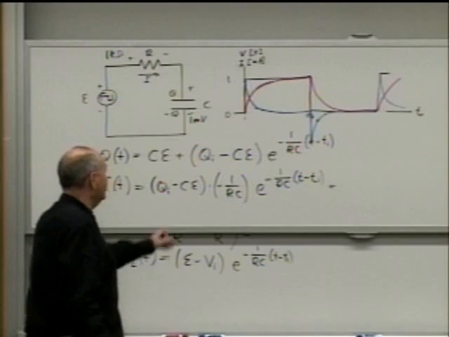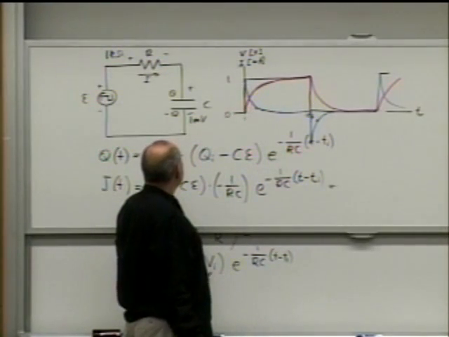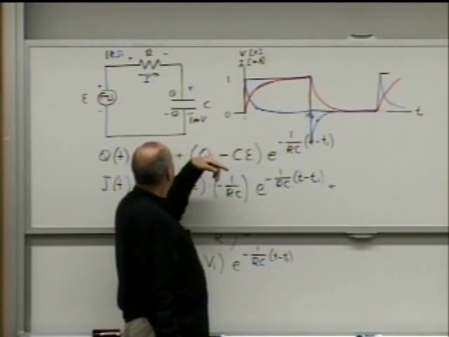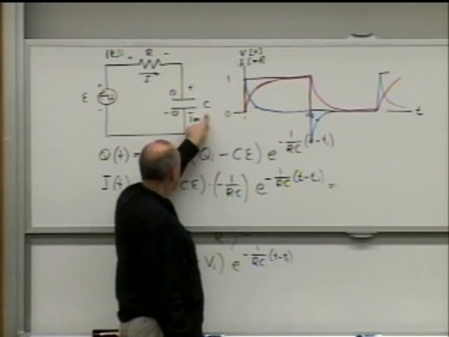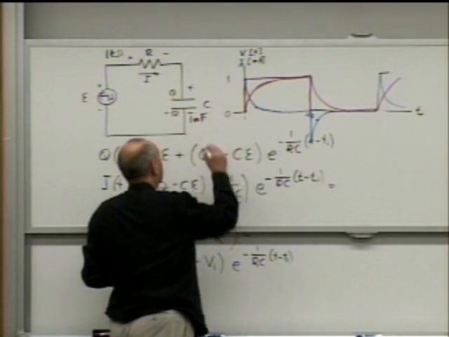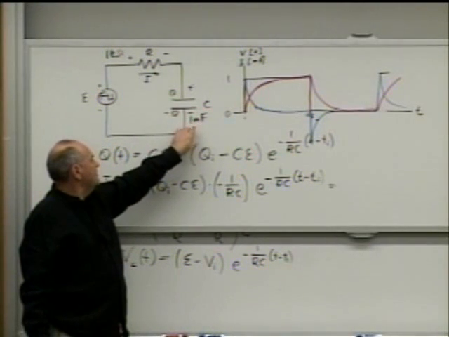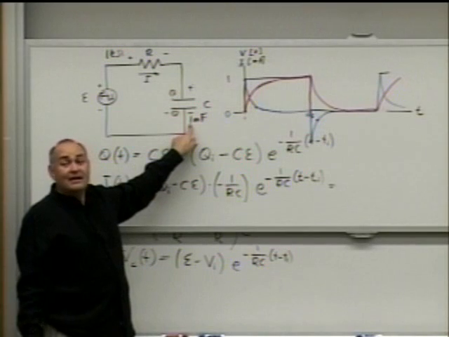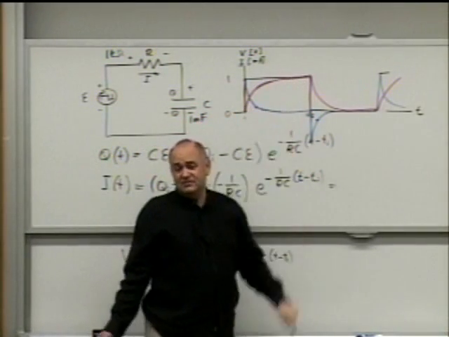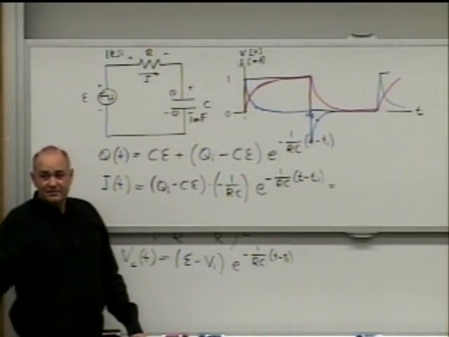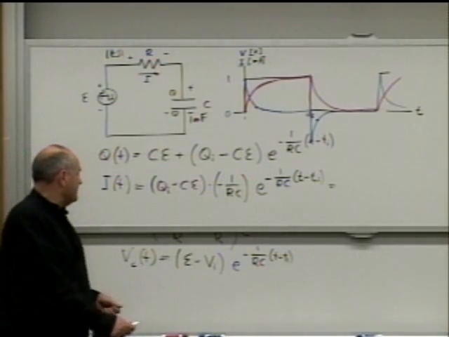So at the same time, this would be the charge on the capacitor. Capacitance was 1 millifarad. So, for example, when the voltage across the capacitor is 1 volt, charge on the capacitor is 1 millicoulomb.